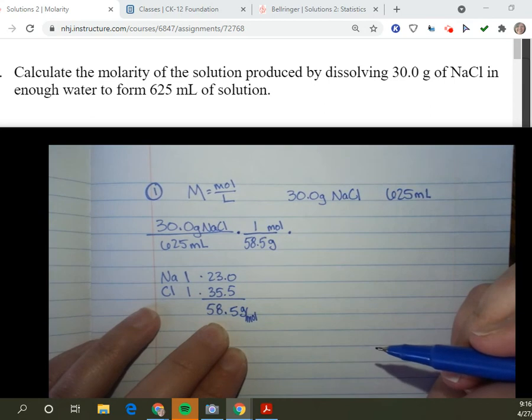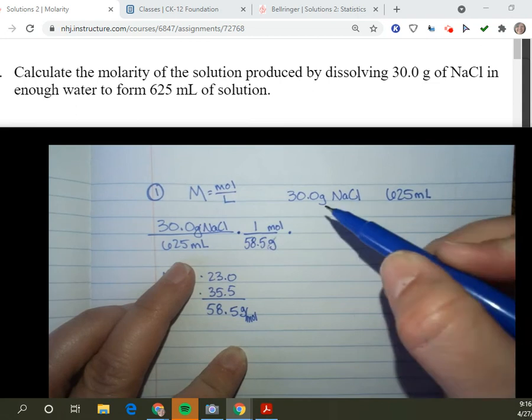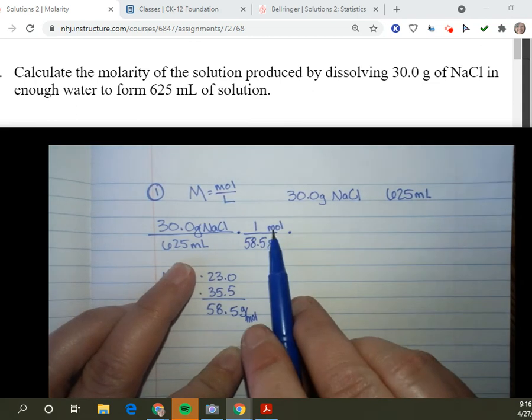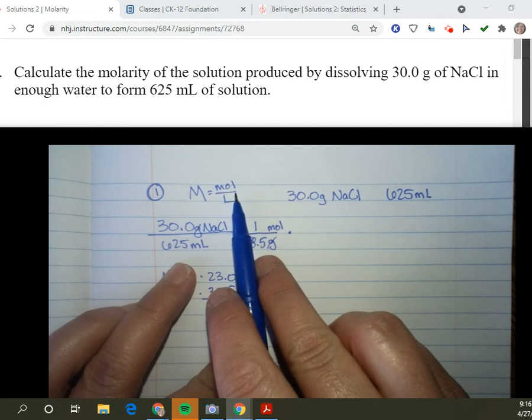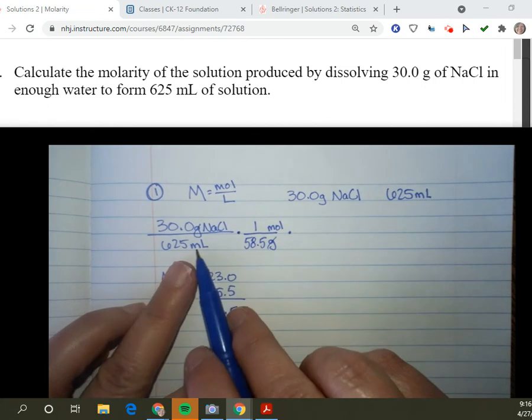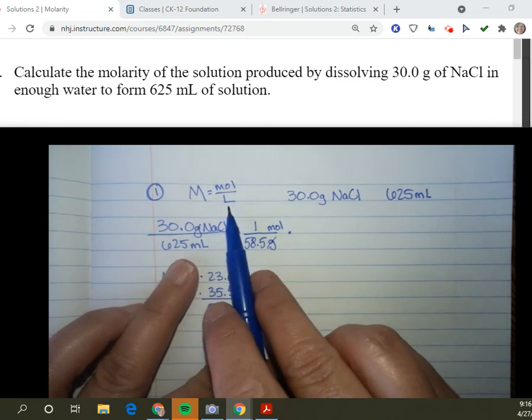Okay, so looking at this, I say, all right, well, grams is going to cancel. I have moles on the top, which is what I'm looking for. But when I look at my problem, I still have milliliters on the bottom. What do I want on the bottom? Liters.